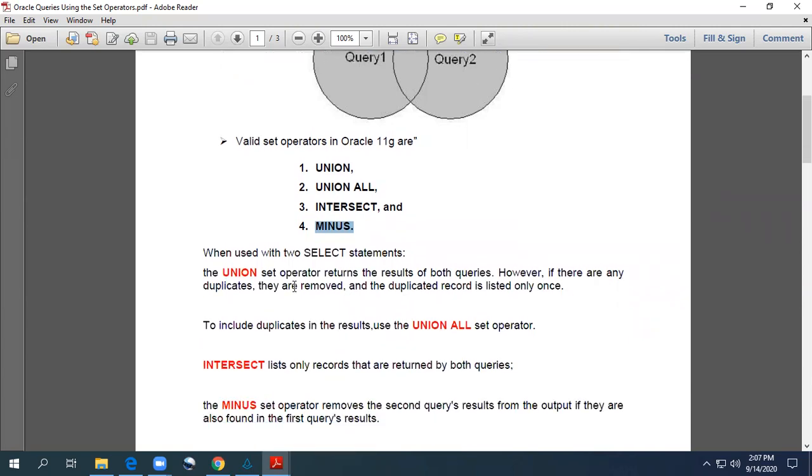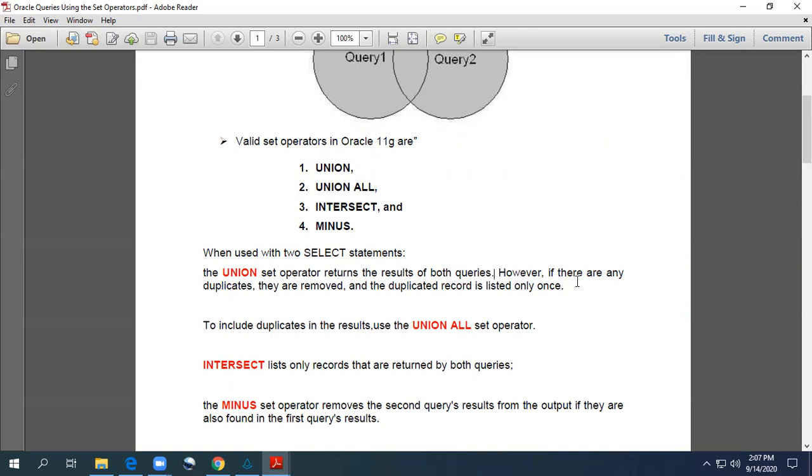The UNION set operator returns the result of both the queries. You know these operators, and the use of these operators is the same as in other subjects. Only here, with respect to queries, we are discussing the set operators.